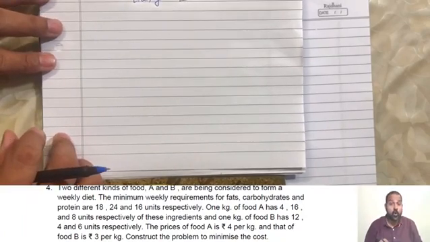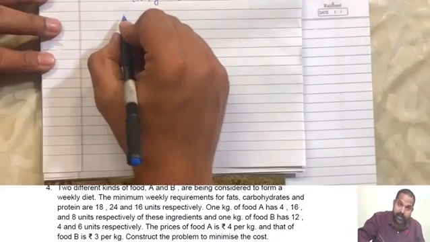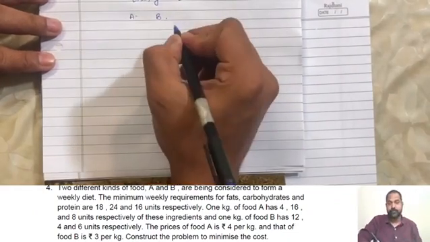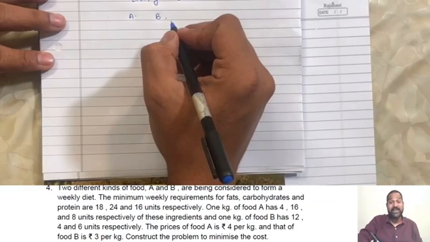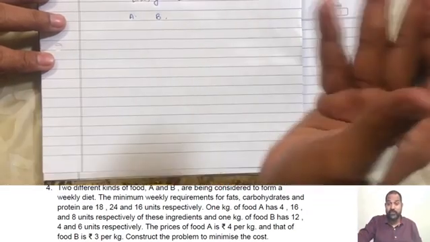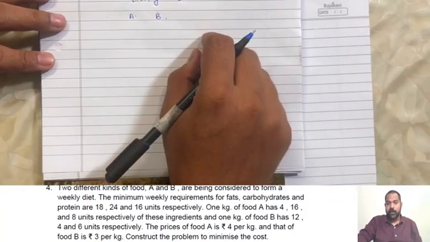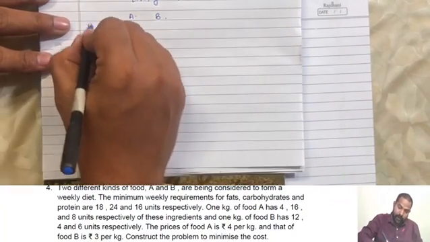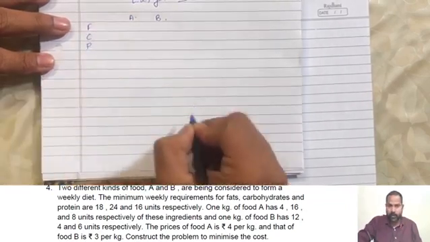Fine. Whose cost is given? A and B. Then A and B become my variables. What is limiting the use of these variables? Well, the requirement of fats, carbohydrates and proteins. In that order? Yes.